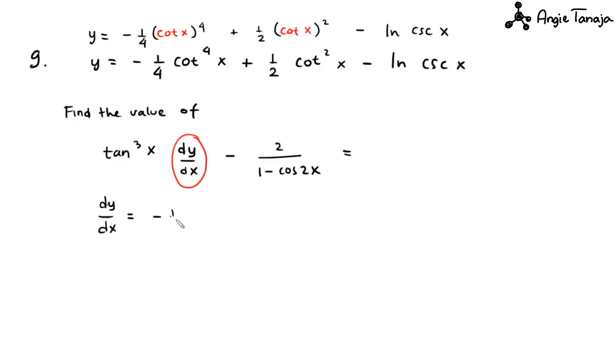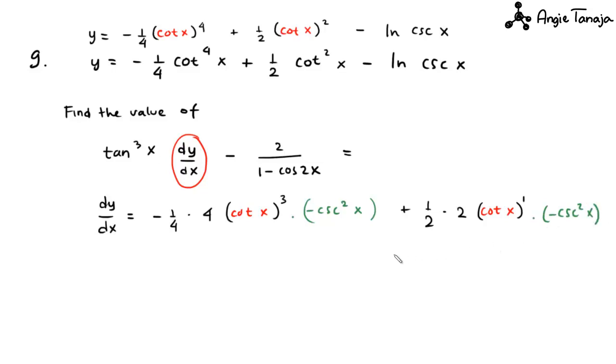Negative 1/4 times 4 cot x to the power of 3 times with negative cosecant square x plus half times 2 times cot x to the 1 times negative cosecant square x, yeah, minus 1 over cosecant x times with negative cosecant x cotangent x.